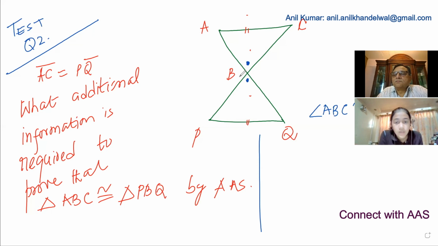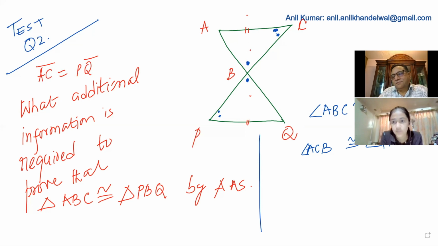And then we can say ACB and QPB are same. This angle and which angle? QPB. Why not that? Why this? Because these both are same. Correct. ACB and QPB are same angles, and one side we have, so we get the AAS.